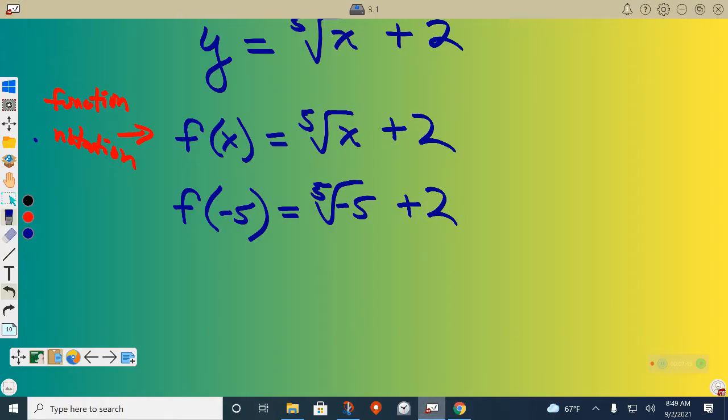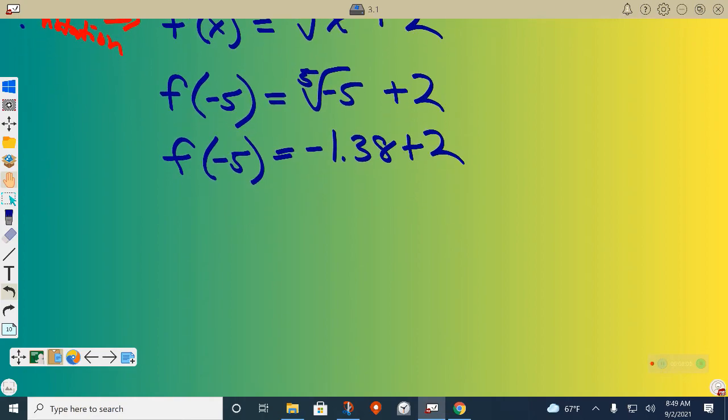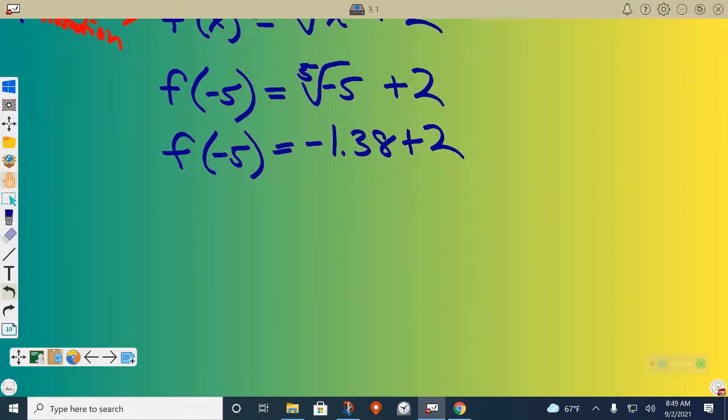Coming back over here. Watch this. The function at -5 is equal to -1.38 plus 2. So the function at -5 then, what's -1.38 plus 2?